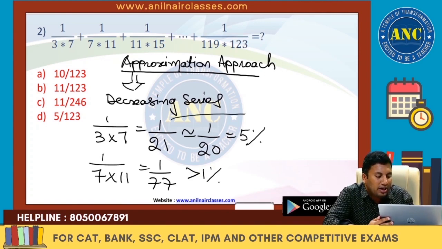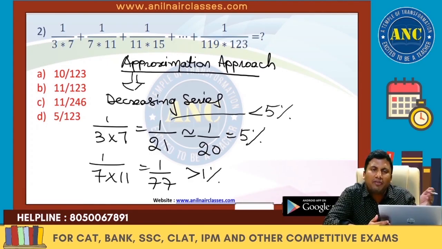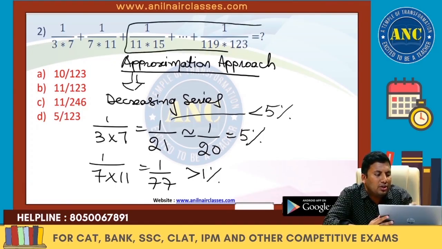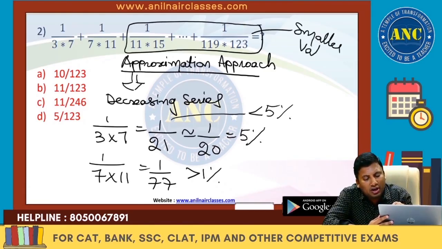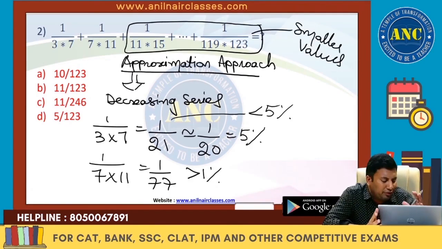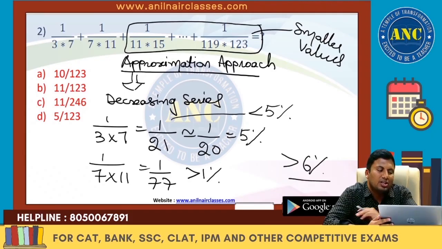So 1 by 21 is less than 5%. 1 by 165, these are all smaller values. All the values are smaller values. That means if you observe, the answer should be closer to 5 plus a little more than 1, probably just greater than 6%.